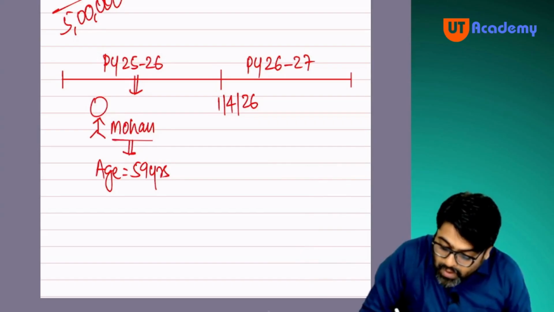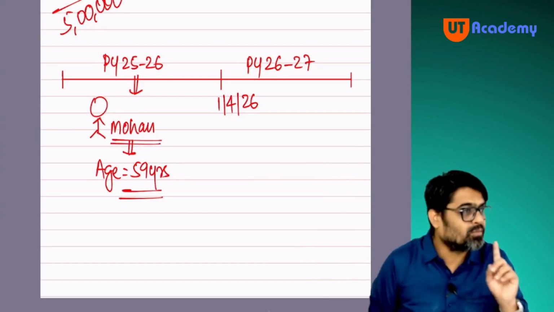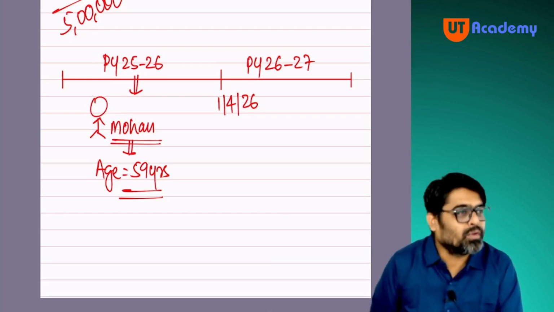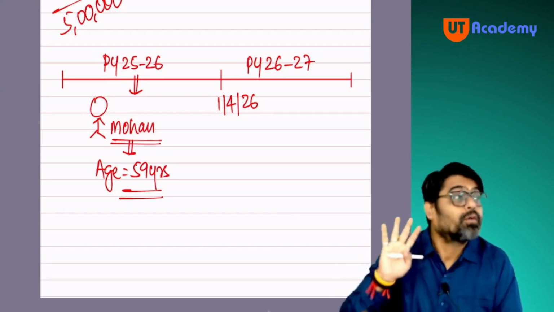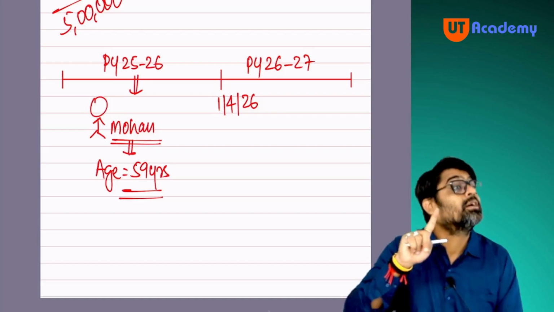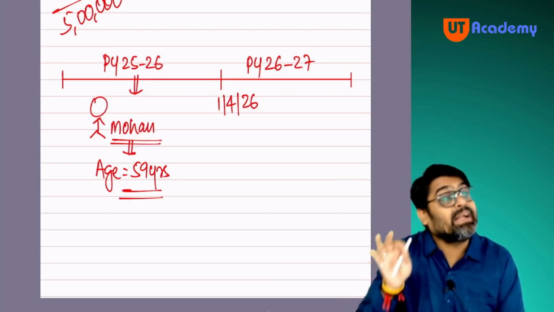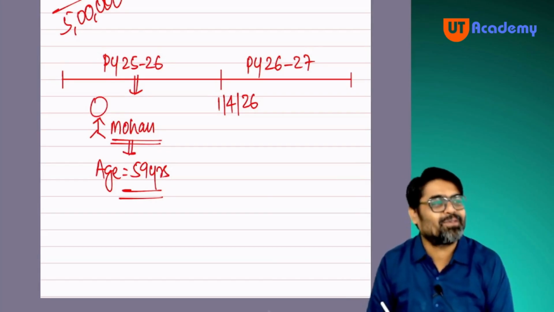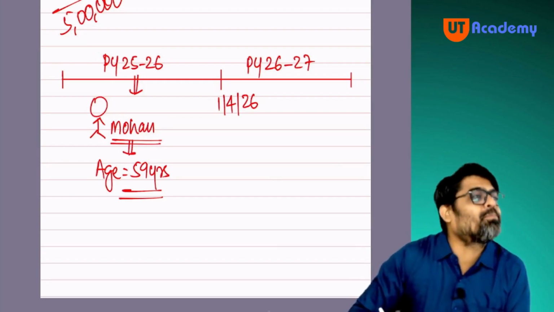If Mohan is 59 years old right now, and he was born on 1st April, don't you think he will celebrate his 60th birthday on 1st April, but he would have completed 60 years on 31st March itself? So, birthday celebration is not important.